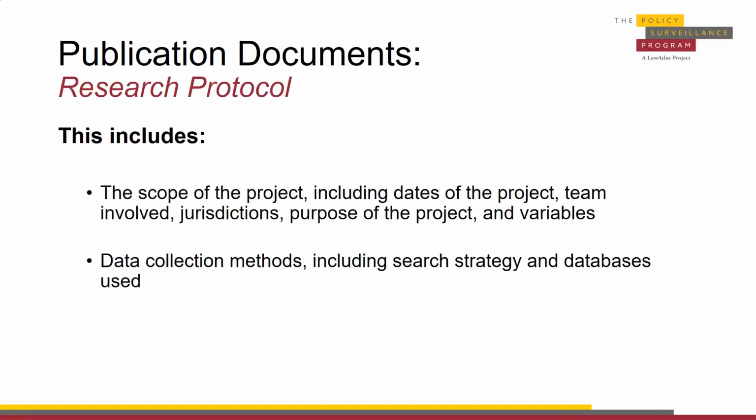But to start with, the research protocol includes the scope of the project, including the dates of the project, the team involved, jurisdictions at issue, the purpose of the project, and variables. And additionally, as we've talked about in terms of background research, we also want to include data collection methods, including search strategy and databases used.